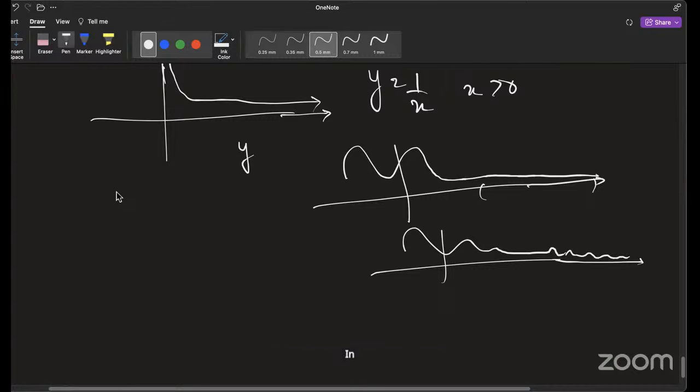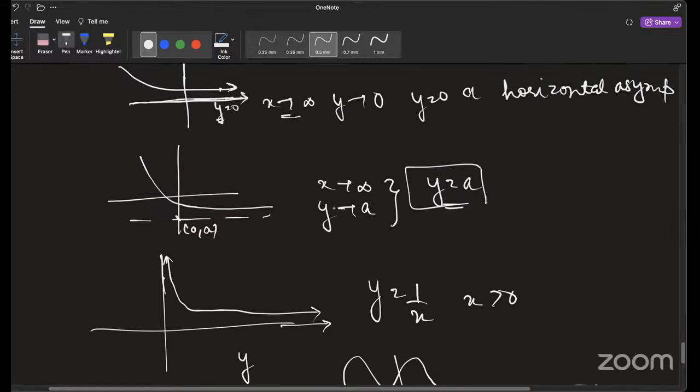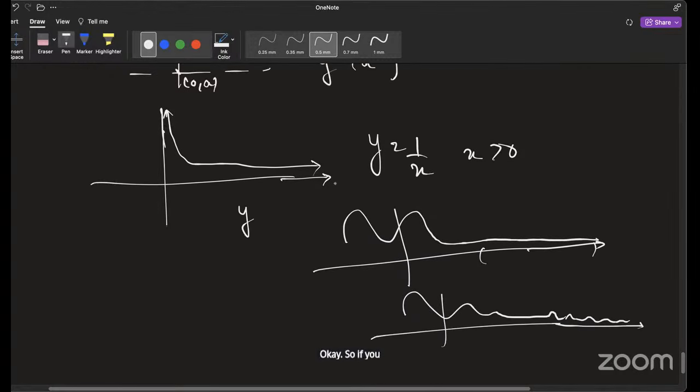In simple words, having asymptotes doesn't guarantee anything. So if you have vertical asymptotes, what happens is that when your y tends to 0, your x tends to infinity.